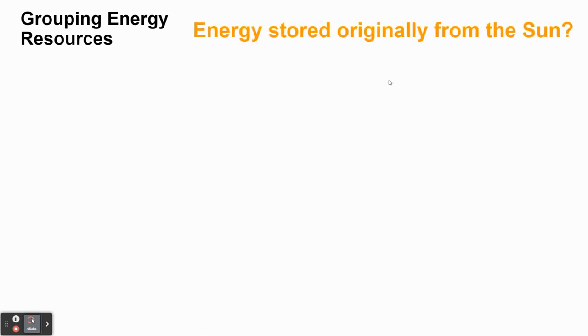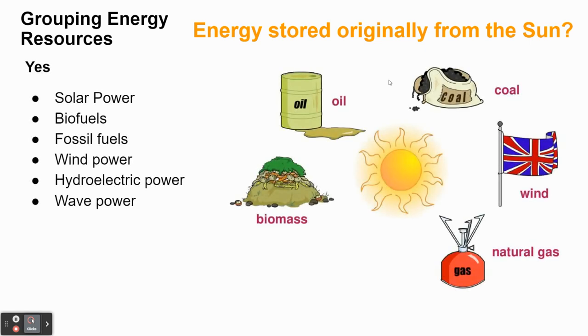Another way of grouping is whether the energy was originally from the sun. So these are some examples of those that were: solar power naturally from the sun, biofuels and fossil fuels. So the sun provides energy for plants to grow, and animals get their energy from the plants they eat.